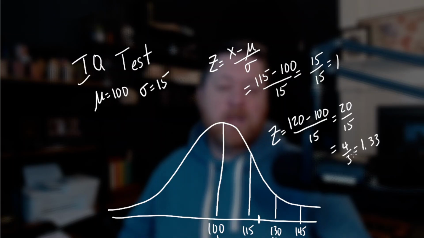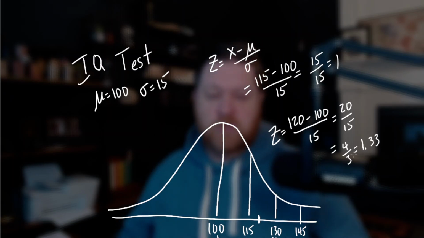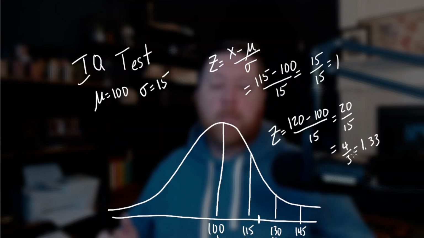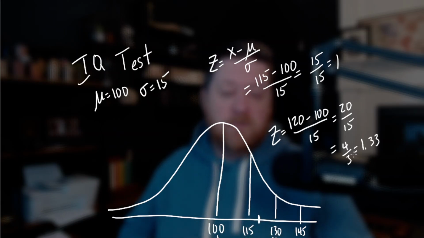And that way we can compare any normal distribution to any other normal distribution, right? Because in a normal distribution, almost all, when I say almost all, like 99% of all of the data is within 3 standard deviations of the mean, plus or minus 3 standard deviations. Okay? So if you scored, let's say, a score on the IQ test that had a z-score of 4, then all of a sudden we don't have to know what the actual score is.